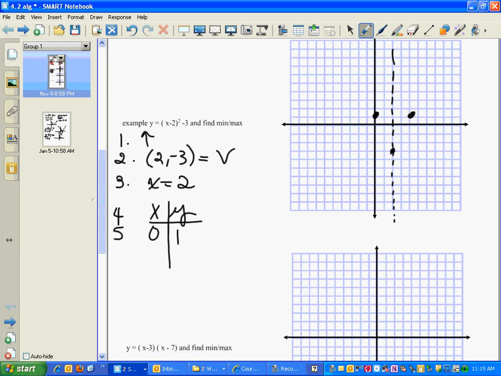So when you come up with your chart, I really don't care what number you pick. You could have picked 1. If you would have picked 1, you would have gotten -2, which would have given you 3, -2. Does that make sense?